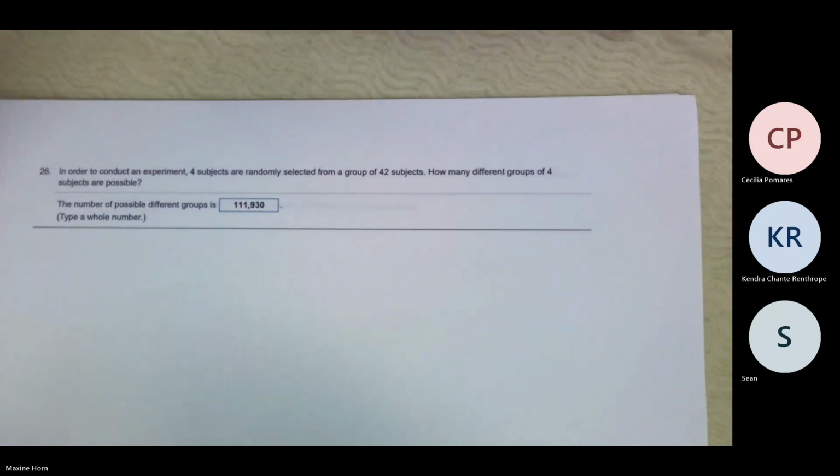This is going to be faster, right? Okay. Number 26. In order to conduct an experiment, 4 subjects are randomly selected from a group of 42 subjects. How many different groups of 4 subjects are possible? All right, so if I have a test group, do I care what order they're in?